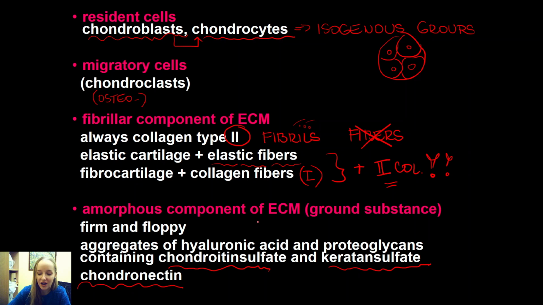So the cells in the cartilage are nourished only by diffusion because of this amorphous and fibrillar component in the cartilage. It's a very firm consistency, and really no vessels can penetrate through this stuff that's there. So only diffusion in the cartilage.